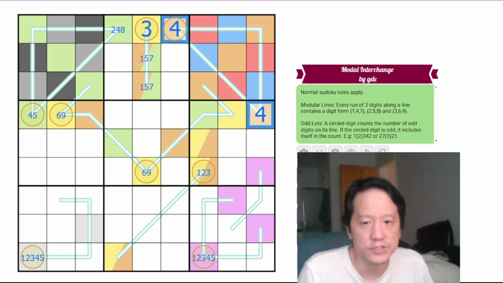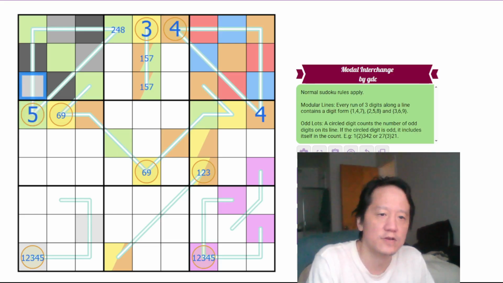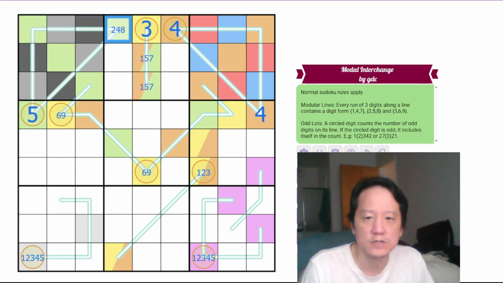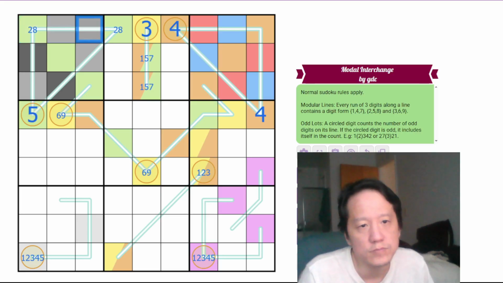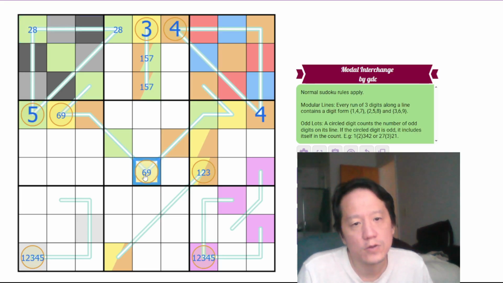The oranges then are essentially the 1 modulo. So this is 5, which makes this 2 or 8 and 2 or 8 here. We have either 6 odd digits on the line or 9 odd digits on the line.